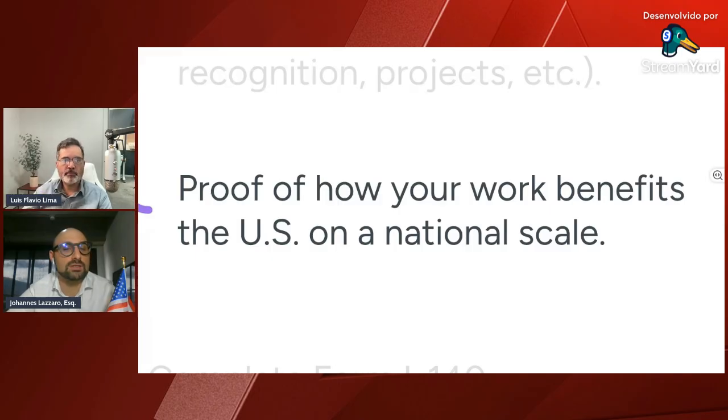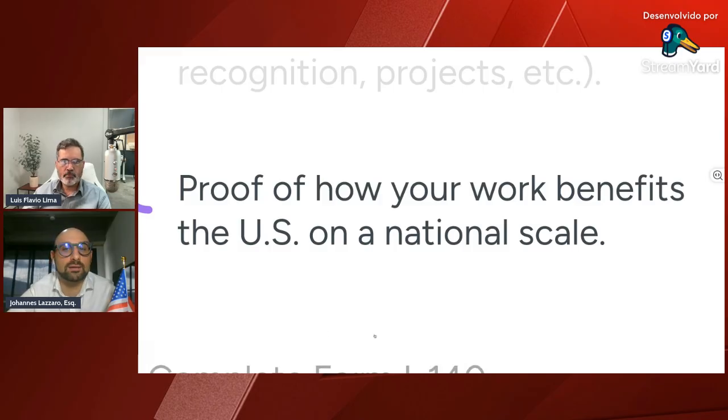Absolutely, it's something that we touched upon earlier as well, but this is the pillar of any NIW petition, right? National interest waivers. So we're looking for an impact that goes beyond the people that you work directly with, and that can really significantly impact the field where you're working, right? So, for instance, something that we've seen being very successful is a consulting type of business.